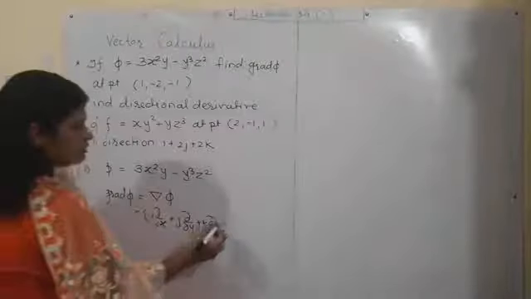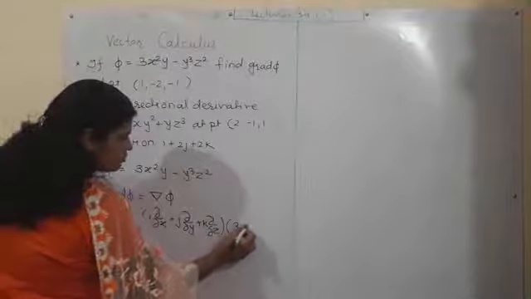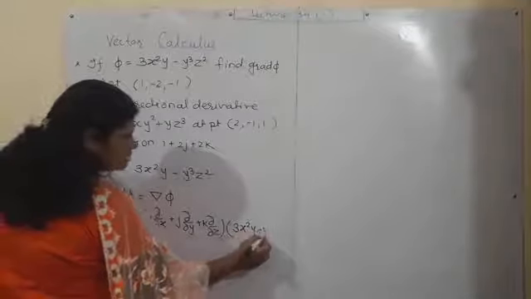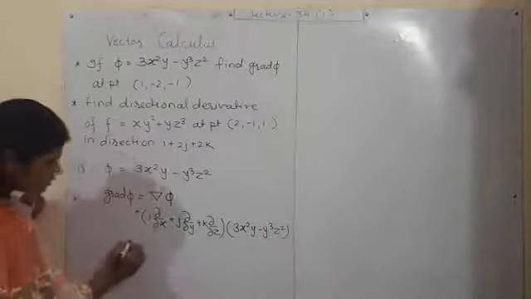And we have given the scalar point function phi as 3x square y minus y cube z square. Okay, so we operate that.